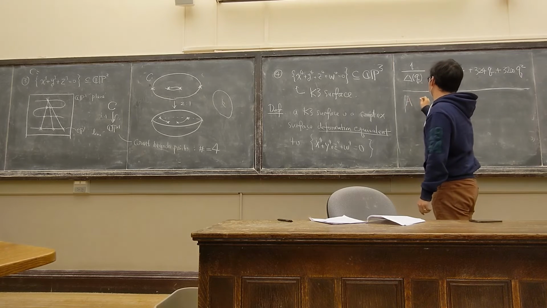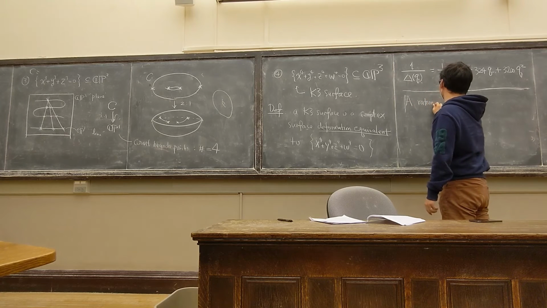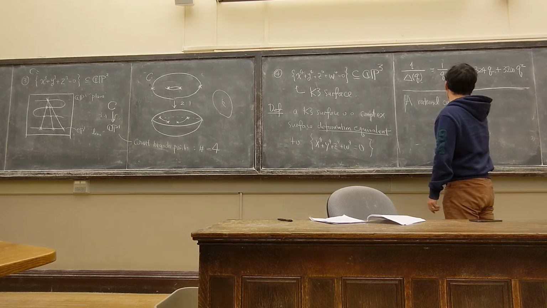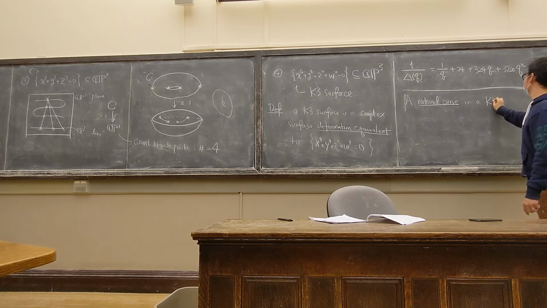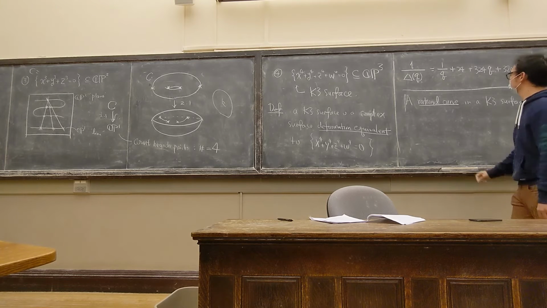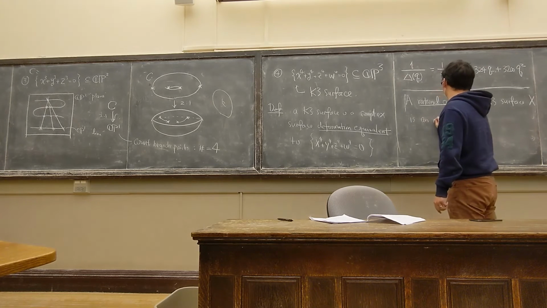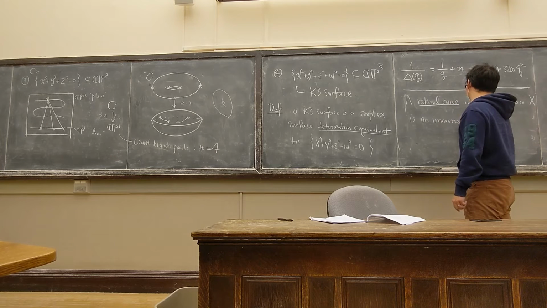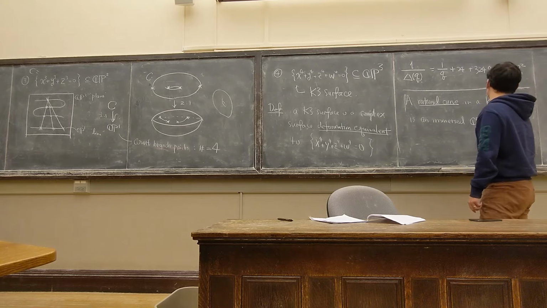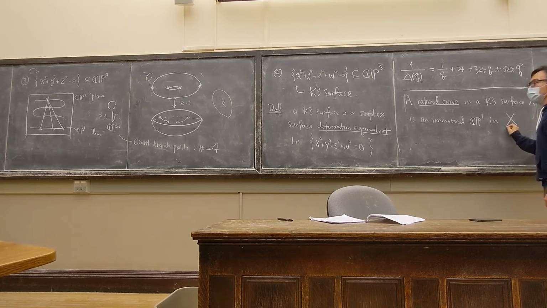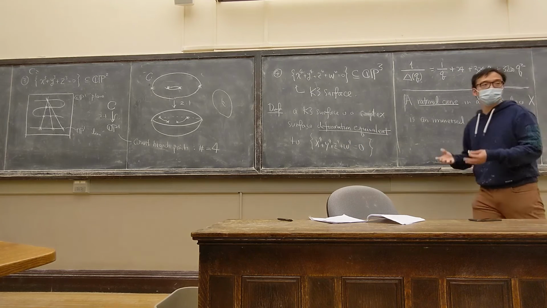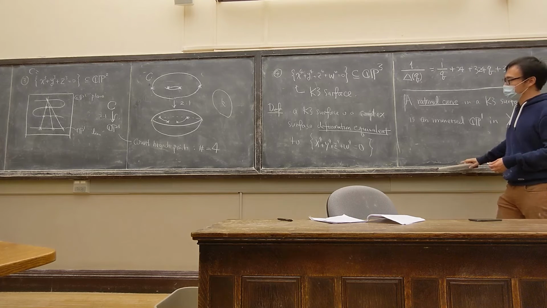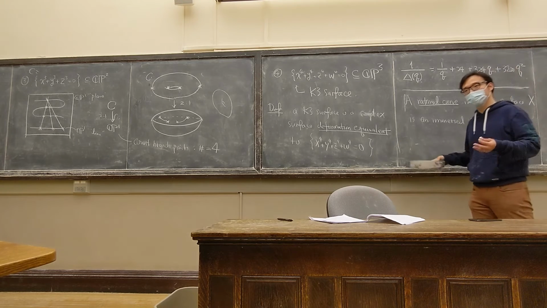So, a rational curve in a K3 surface, let's call this X, is an immersed CP1 in X. So you consider all possible ways to immerse your CP1, maybe a Riemann sphere, inside some complicated geometric object like this. These are the rational curves.